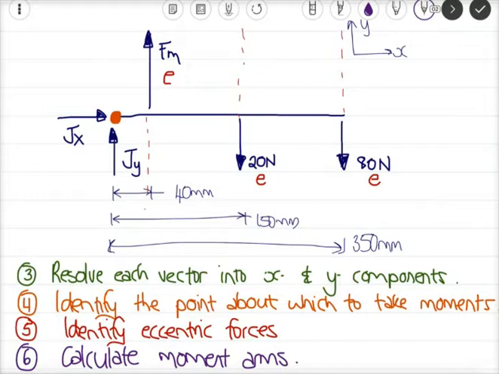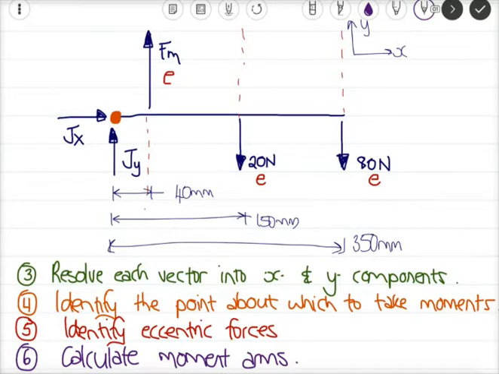Take that step 6 a little bit further, and while you're looking at moment arms, I would also look at the direction in which each force creates the moment. All right. So if we work through Fm, now remember, there's lots of ways you can do this.